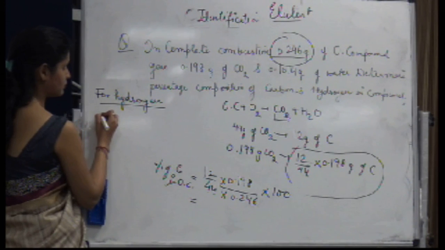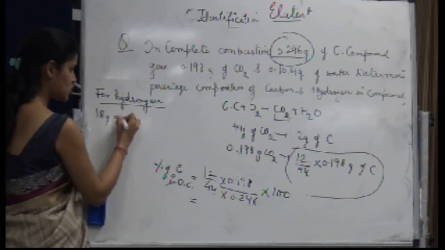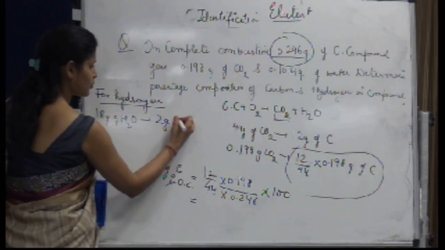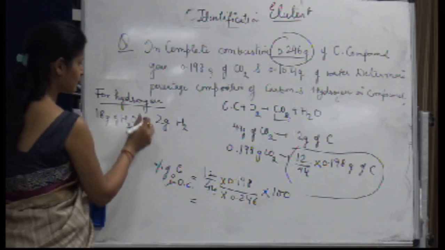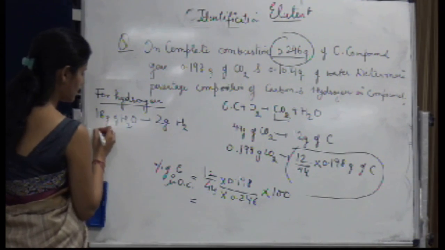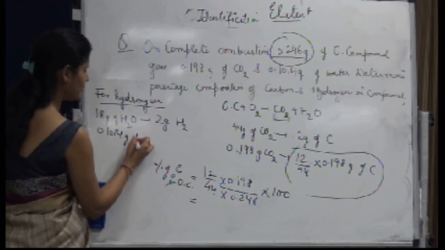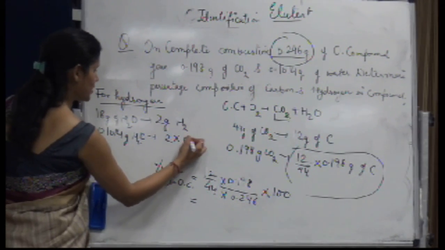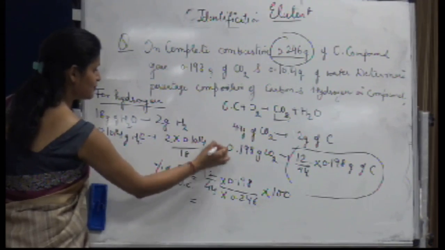What is the mass of water? 18 grams of H2O would give 2 grams of hydrogen, right? That means if I am getting 0.1014 gram of water, तो उससे कितना मिलेगा? 2 into 0.1014 divided by 18 grams of hydrogen.